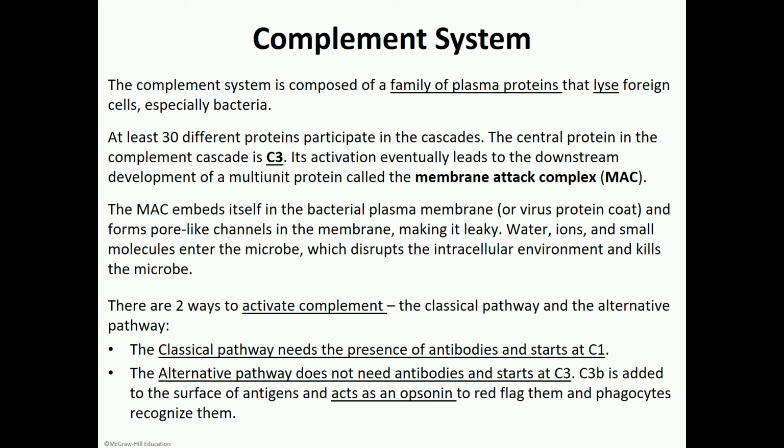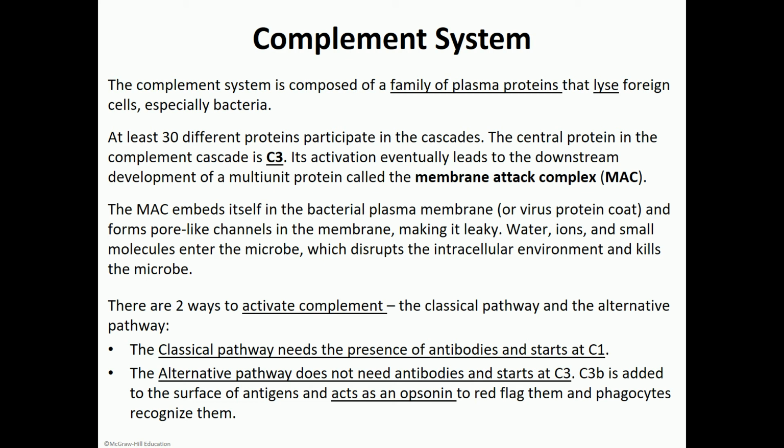But again, these plasma proteins are in an inactive form. You have to activate them. And there are two different ways to activate them. One of them is a classical pathway, and that needs the presence of antibodies. We will learn that we have 5 different kinds of antibodies, and the 2 antibodies that can activate the complement system are IgG and IgM.